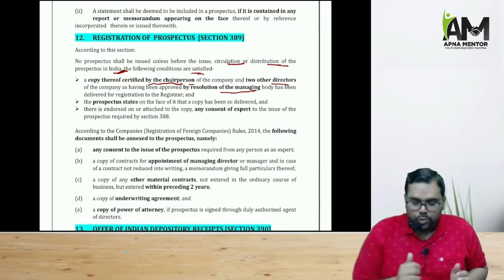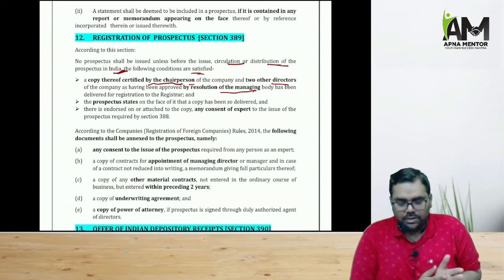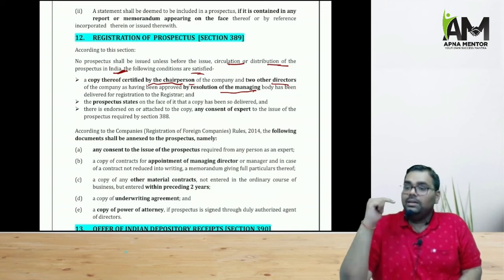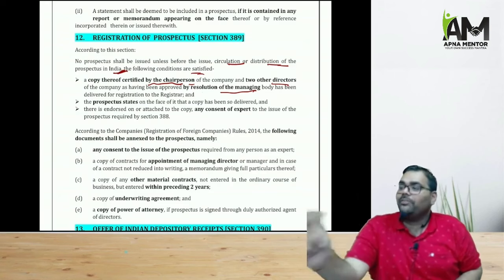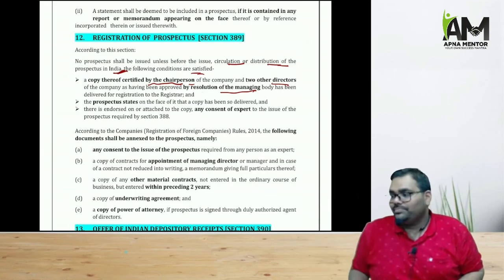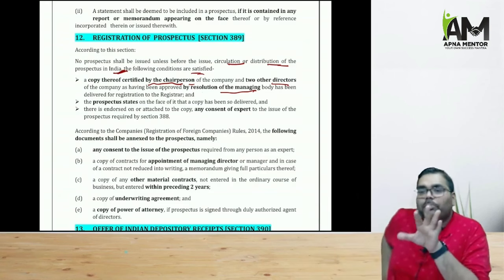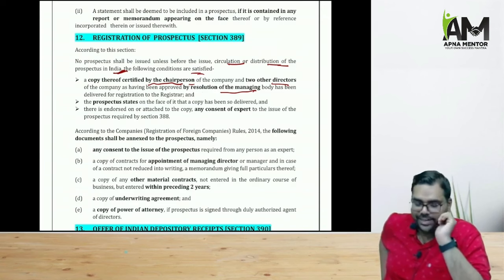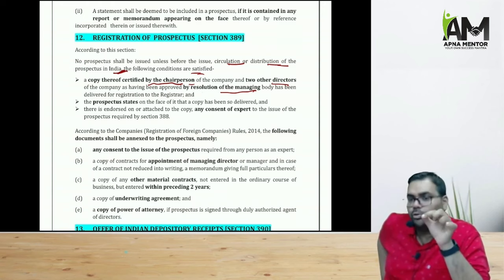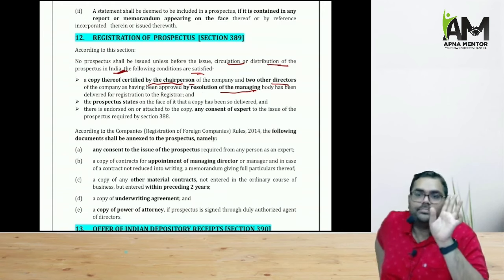Section 389. What are the conditions? First condition, the certified copy. You see, again they have used the word certified. A certified copy of the prospectus has to be filed to the ROC. And how is it certified? By the chairperson of the company and 2 directors approved by resolution of the managing body.